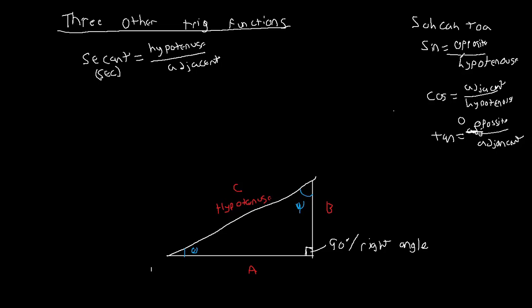And the reason that I want to bring these up is because we're going to eventually go back to these three trig functions that we're going to create over here, and we're going to see a direct relationship between these three and these three. So the first one we have is called secant, which is the hypotenuse over the adjacent. The next one we have is called the cosecant.